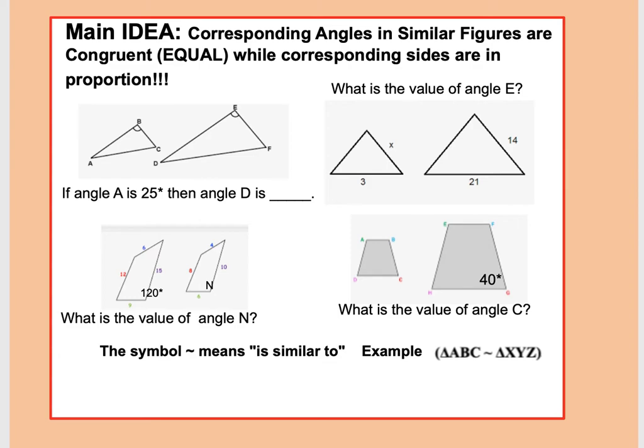So the main idea for yesterday: corresponding angles in similar figures are congruent, while corresponding sides are in proportion. So you want to remember, if I look at this one, if angle A is 25 degrees, then what is angle D? 25 degrees. Very good. That's the main idea from today and yesterday. Angles in similar figures are equal.